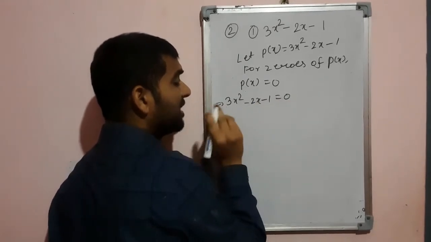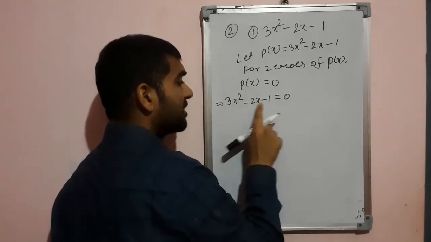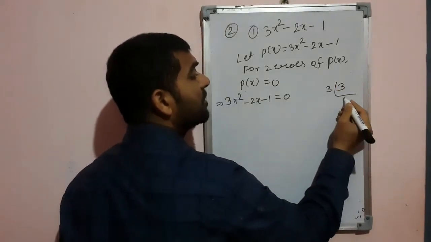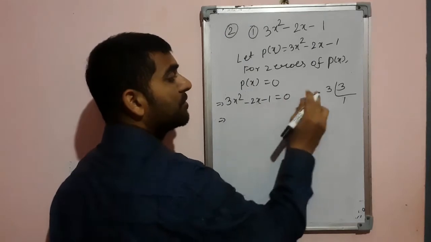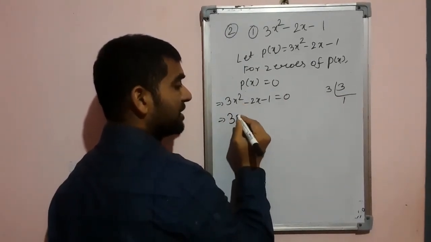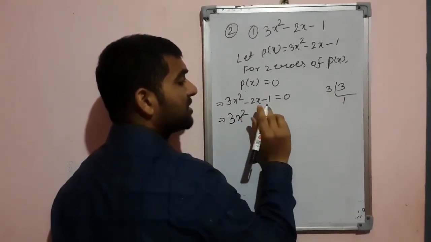Do the middle term factorization. So first coefficient into last term: 3 into 1, the prime factorization of 3 will be 3 and 1. With the help of these factors, we have to obtain the middle term 2. So 3x square, we can write 3 minus 1, because the last term is a minus sign.